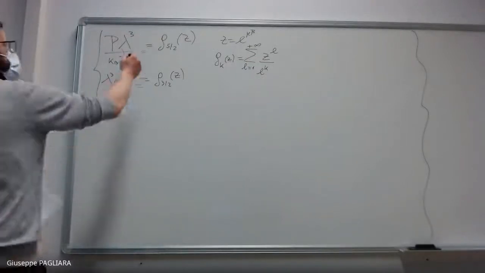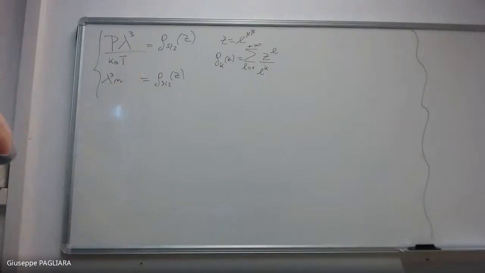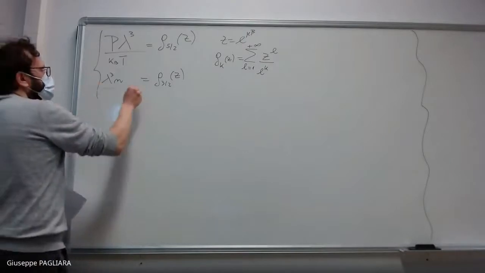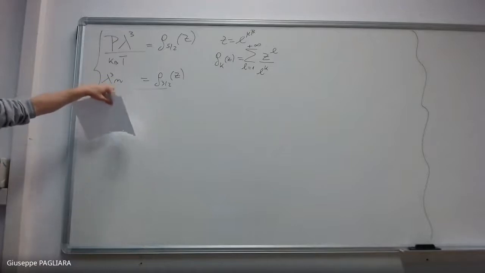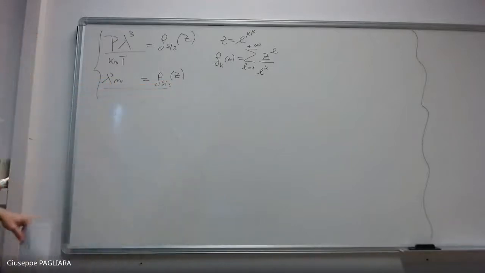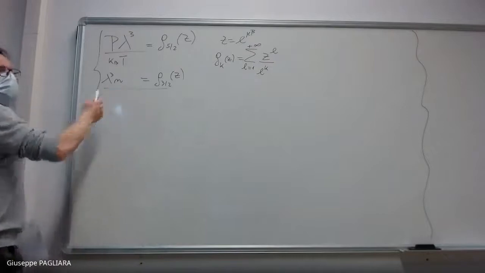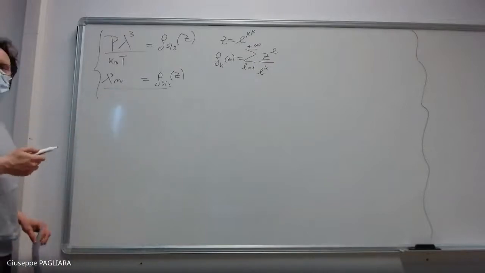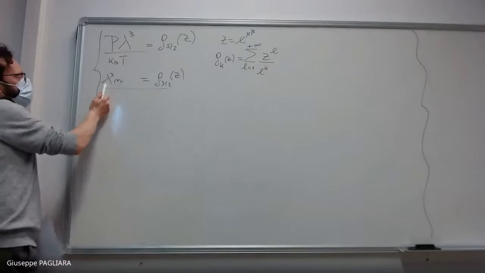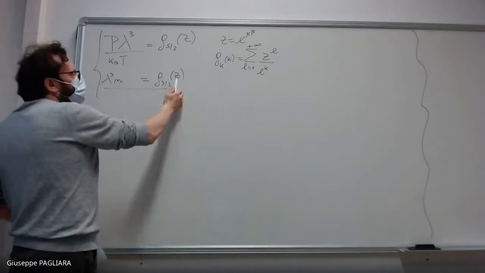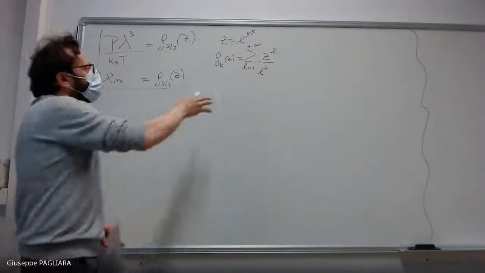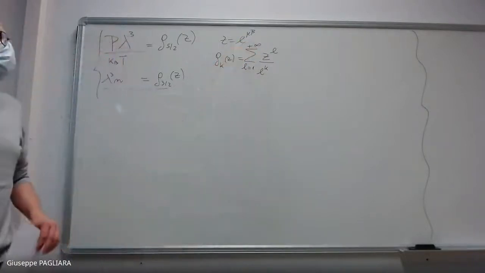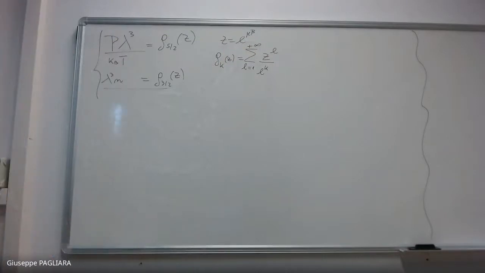So this is the relation that provides the equation of state, which means the pressure as a function of the other variables, whereas this one is the equation that provides the link between the density, temperature, and fugacity. Of course, this is an implicit equation that I cannot solve analytically, because the temperature appears here, in lambda, and also z, through this complicated Bose function.